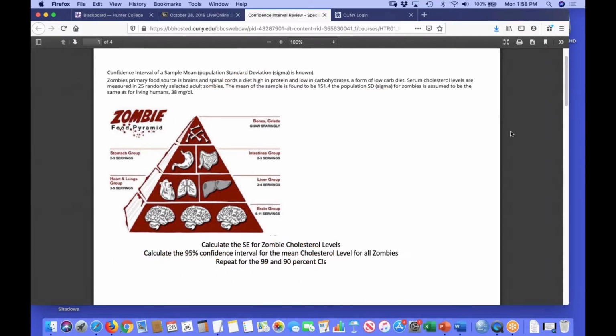Okay, and I'm going to give this a try. So now how would I go ahead and do that? My formula for my confidence interval is x bar plus or minus the value of z for alpha equal to 0.05 times my standard error. Again, my mean, x bar, was equal to 151.4.